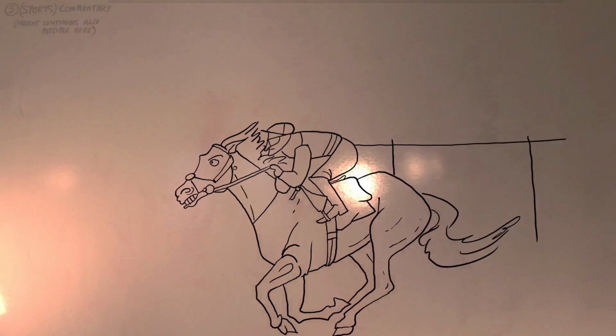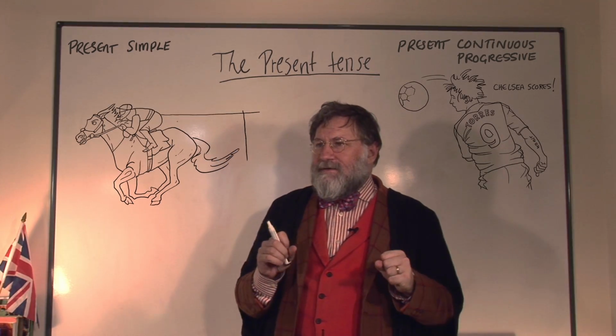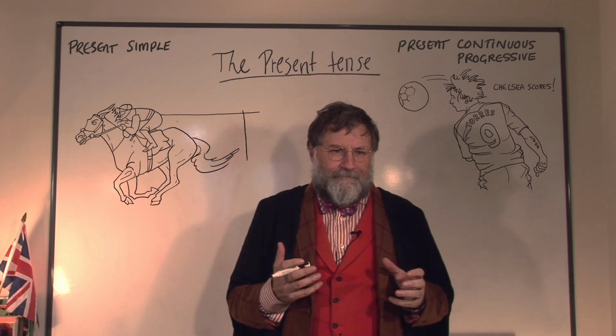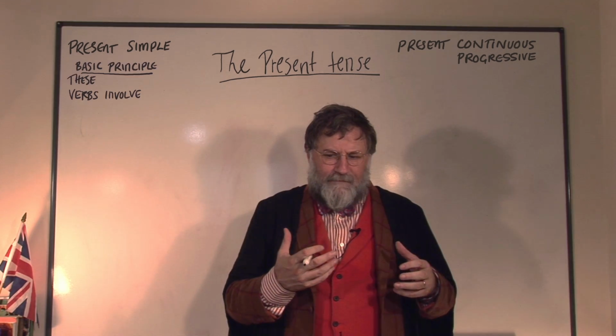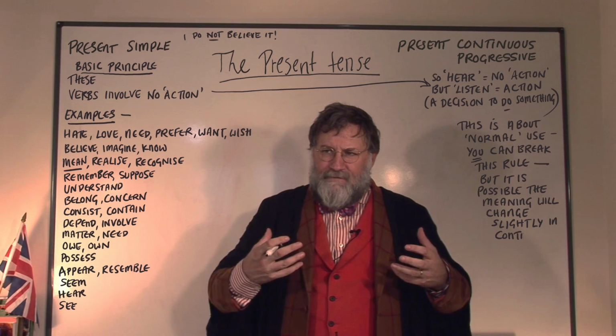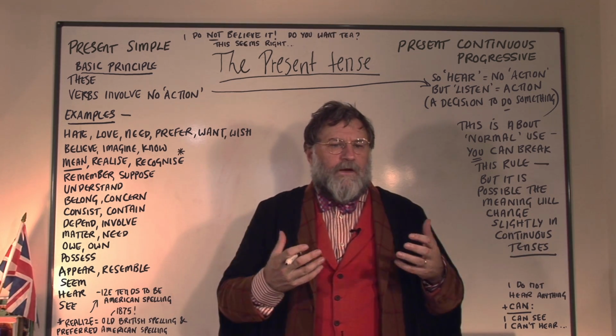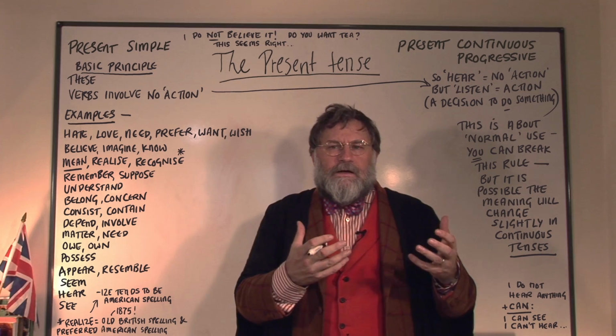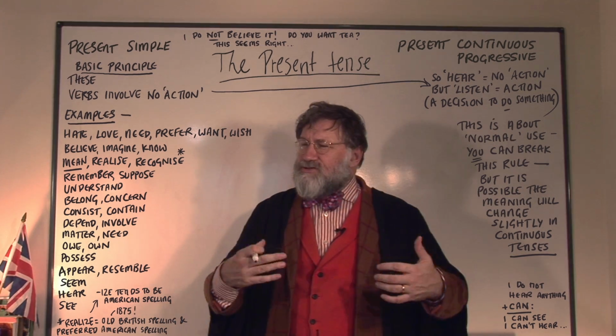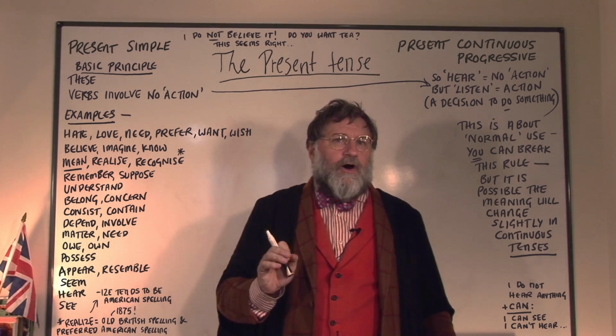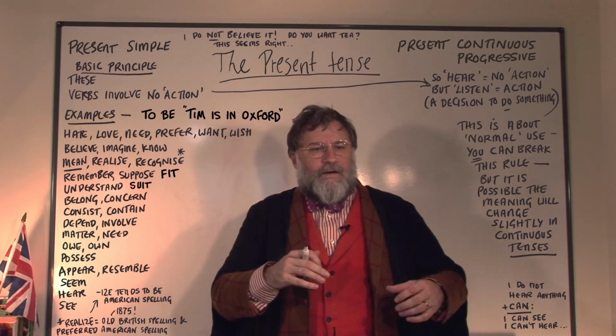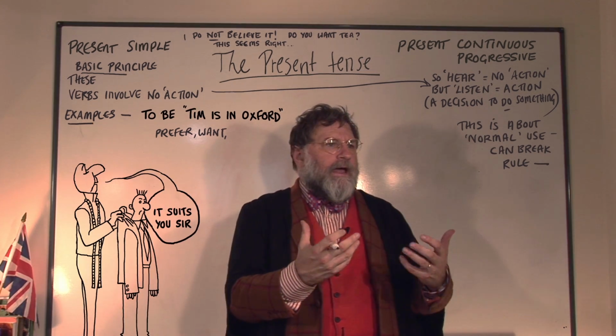Some words only get used in the present simple. When we're thinking of state, of how we are, the verb to be, to cost, to fit, to suit. It suits you very well, sir. We are in Oxford. Possession, belong, have.